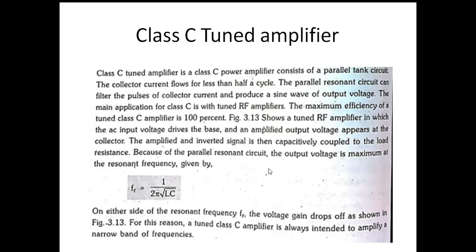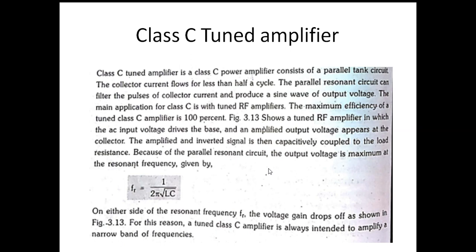Class C tuned amplifier is a class C power amplifier. Class C power amplifier consists of a parallel tank circuit. The collector current flows for less than half a cycle because it is a class C amplifier. The parallel resonant circuit can filter the pulses of collector current and produce a sine wave of output voltage.